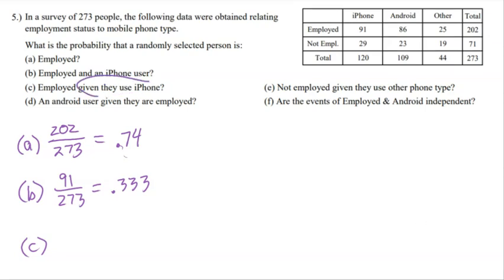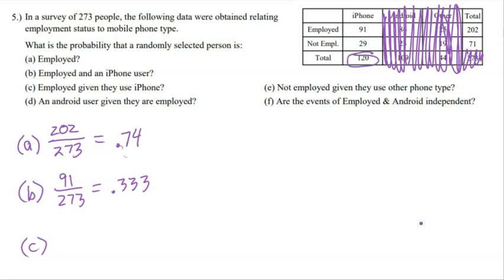So now first, it's only out of the people that use an iPhone. Here's the people that use an iPhone. We're ignoring all of the other people. So we're not even including the total. We're not even using the total. We're only including the 120 iPhone users, okay?